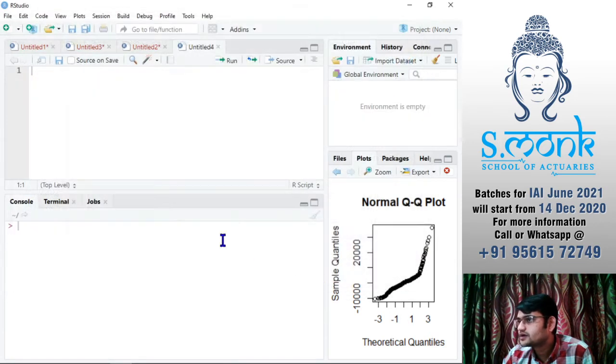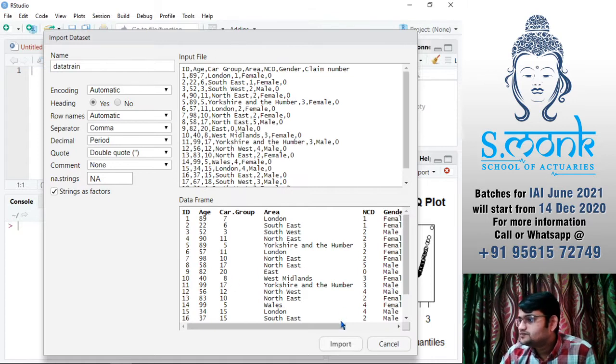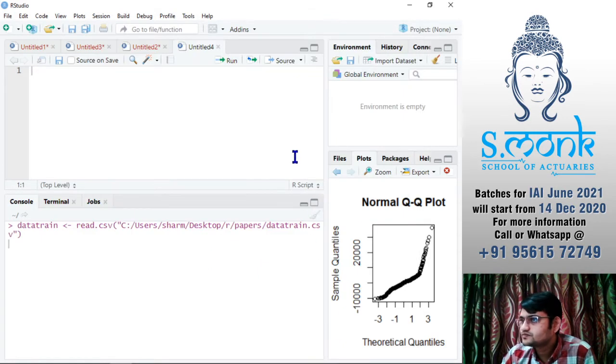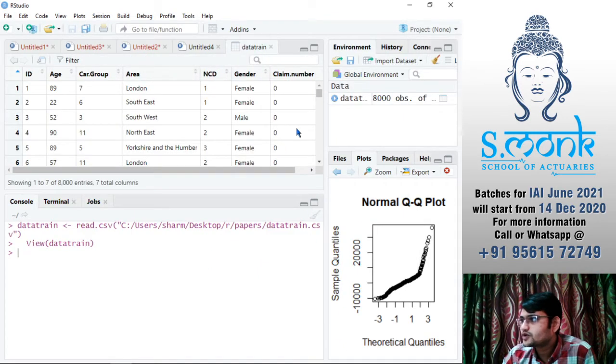Data train. Okay, so we have 8,000 observations. This is the data. Now they are talking about claim dot numbers. This is our response. To check what kind of distribution this might be, we will figure out the frequency distribution. For frequency distribution, the best is to use table.